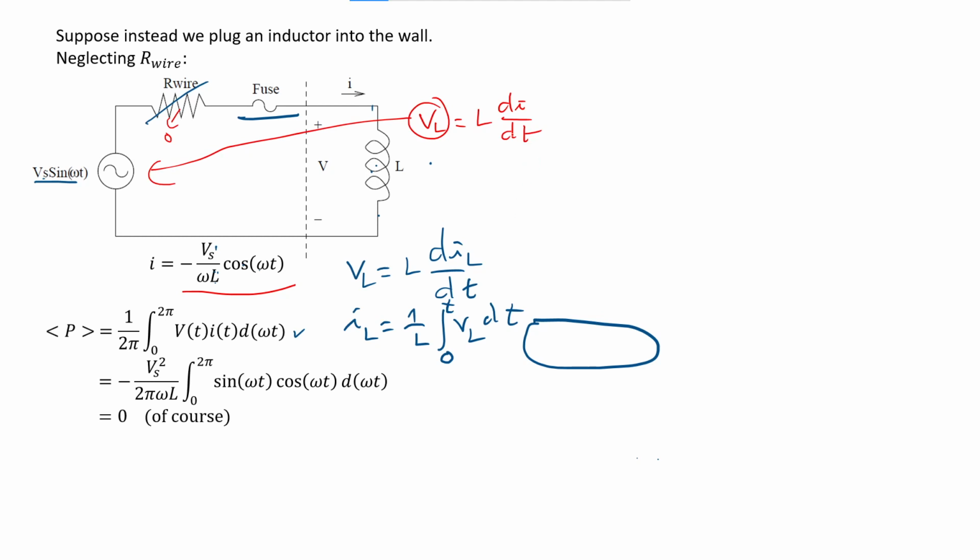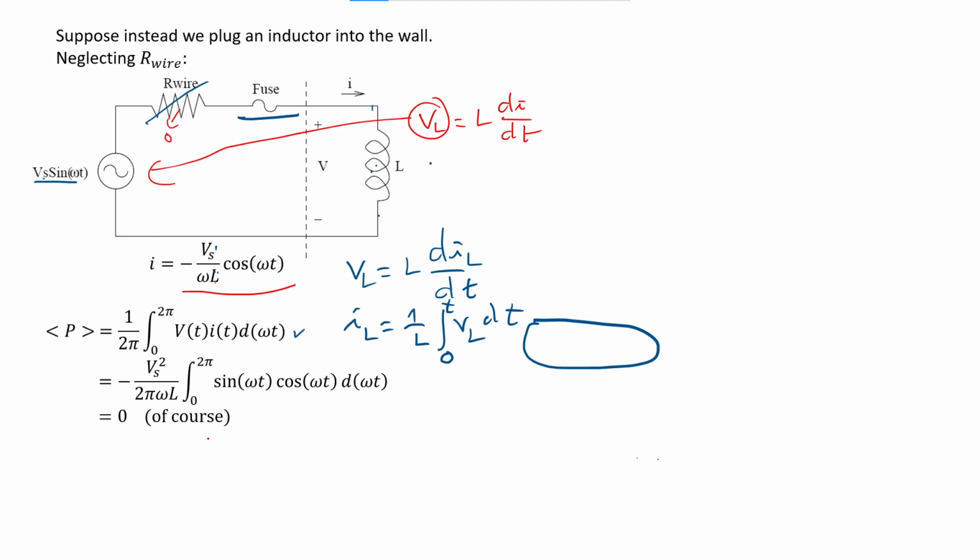Because the source is sine, then I is cosine, so you use the integral. Then if you apply the formulation of power and find the average value, you get 0.